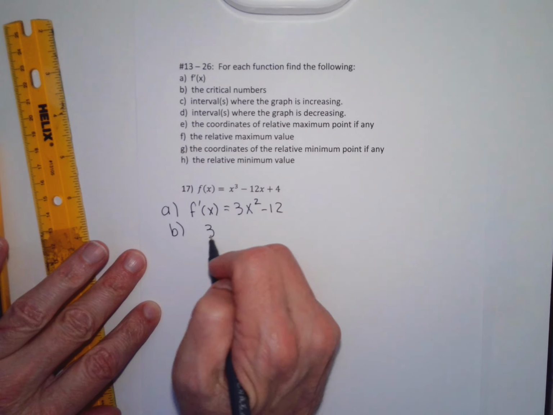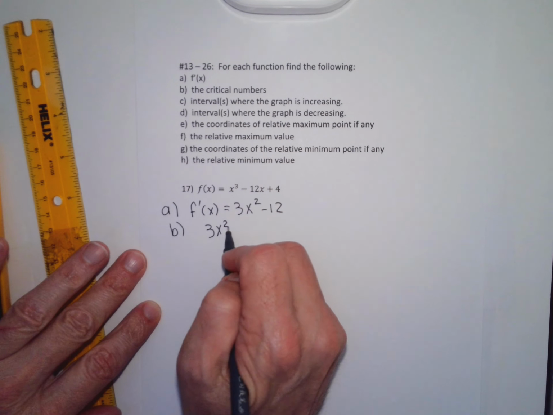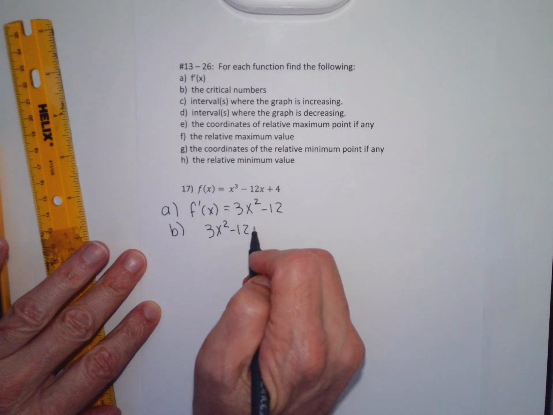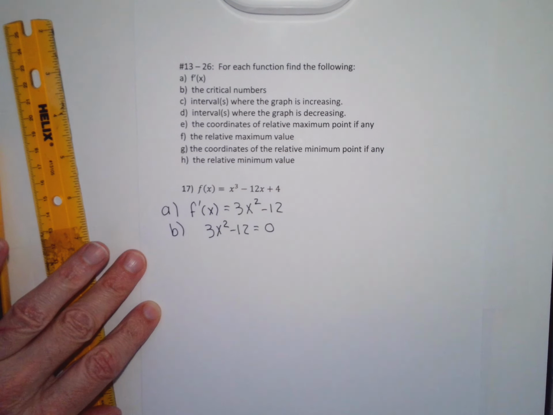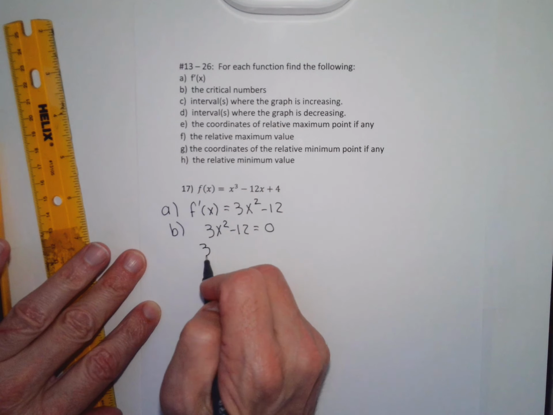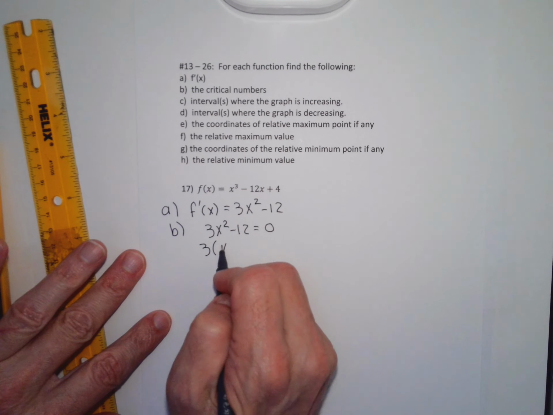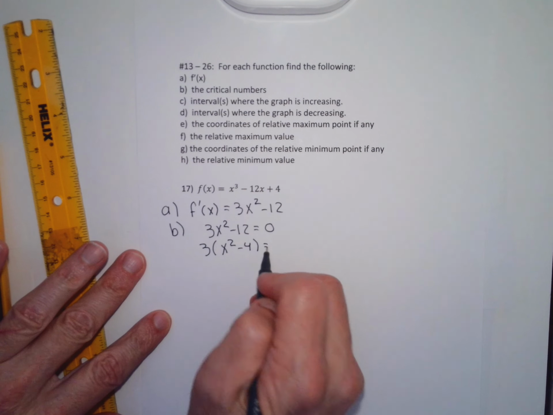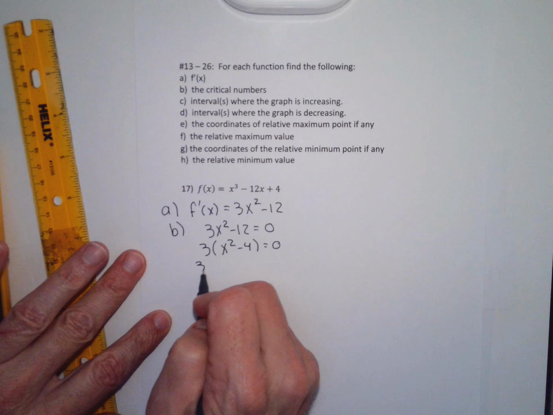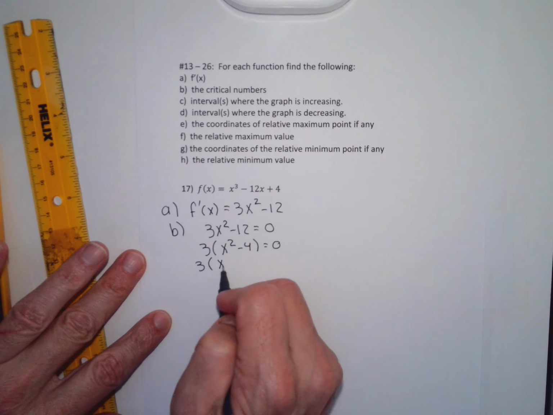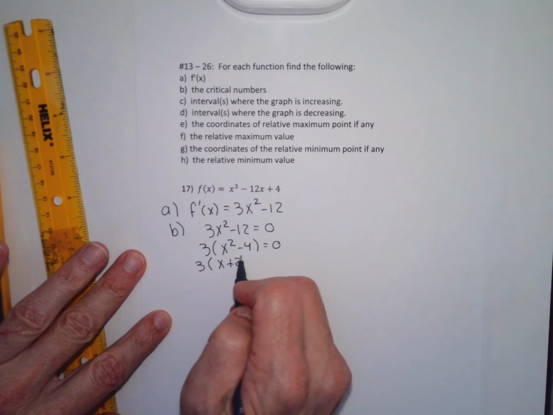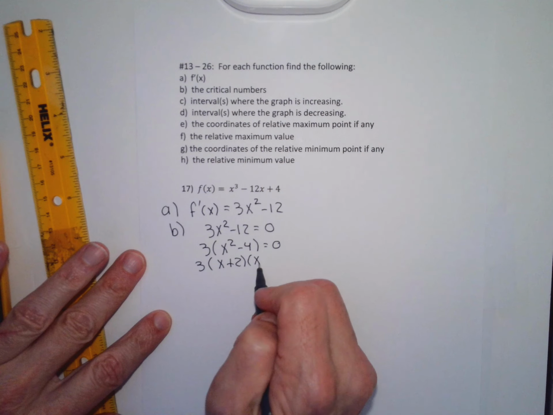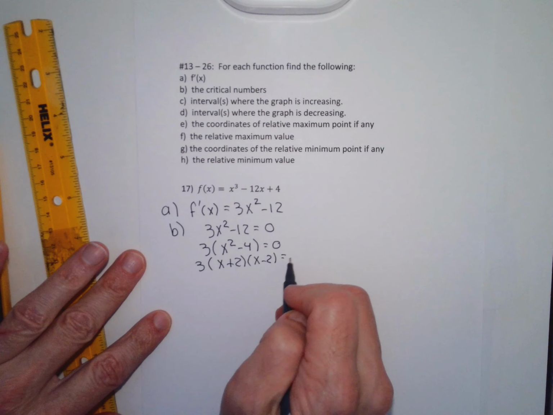I find the critical numbers by taking the derivative and setting it equal to 0. I'm going to solve this by factoring. First, I'm going to pull out a common factor of 3 and be left with x squared minus 4. And then I'm going to factor the x squared minus 4 into x plus 2 times x minus 2. So now I have it completely factored.